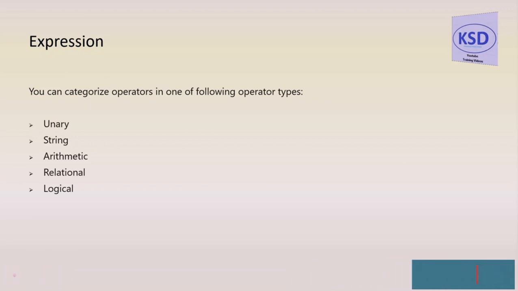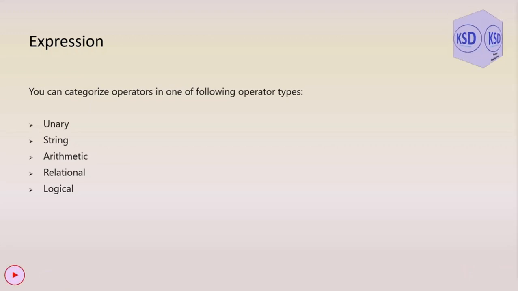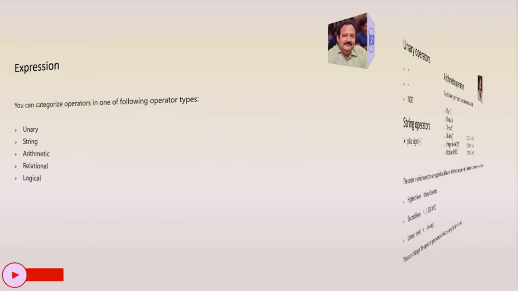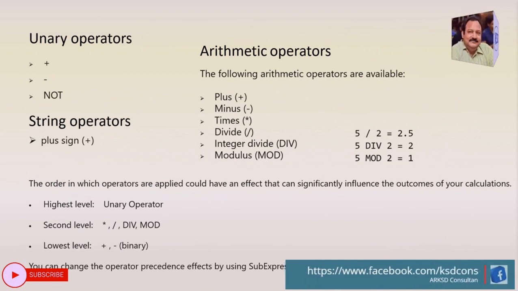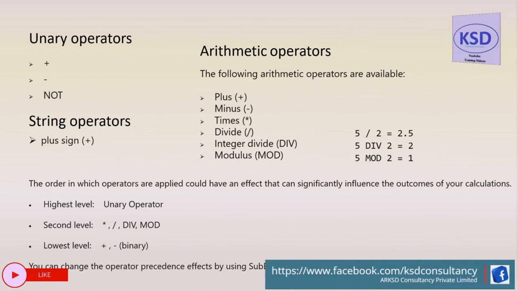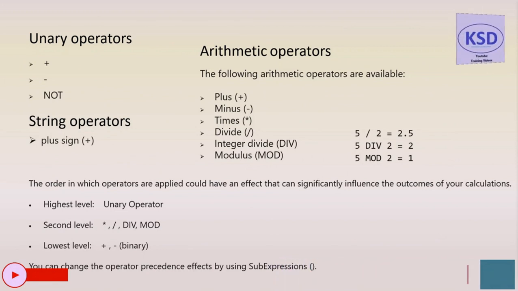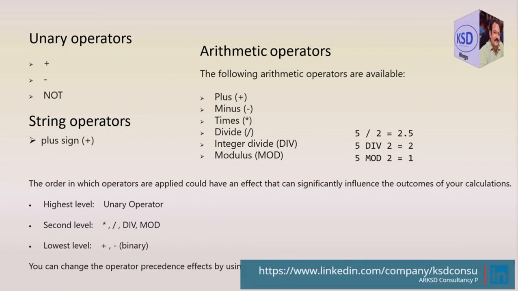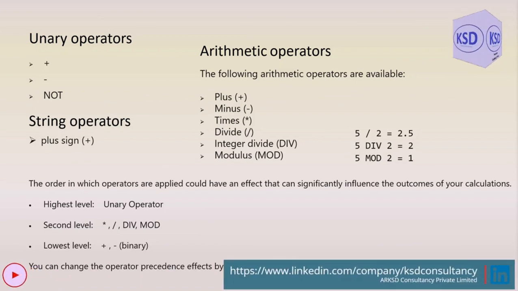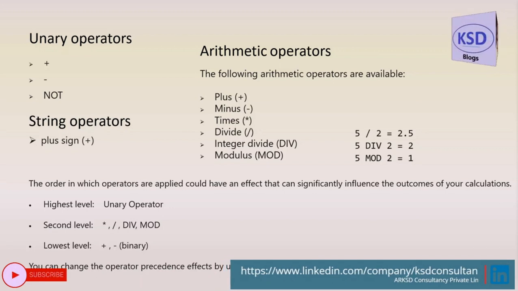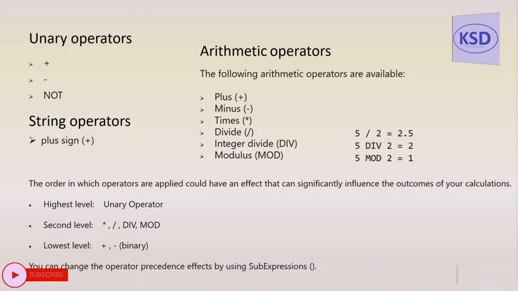When we talk about unary operators, a unary operator only impacts the term that directly follows the operator. We have the unary operators plus, minus, and not. They do not require two elements, they only operate on a single element.